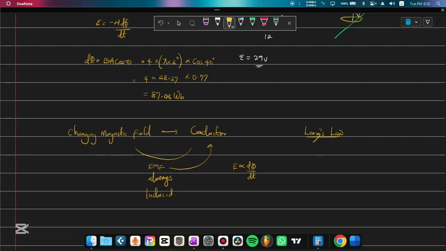According to Faraday's law of induction, we know that an EMF is induced when a current carrying conductor moves relative to a changing magnetic field.